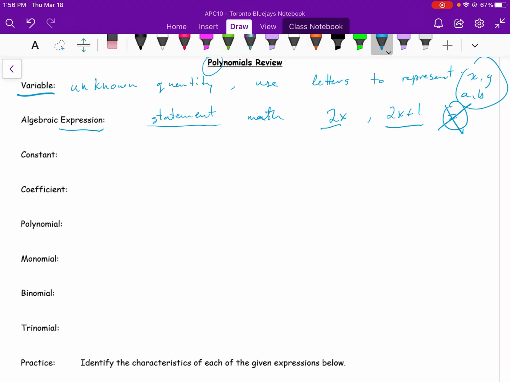The constant is just a number that has a defined or fixed value.